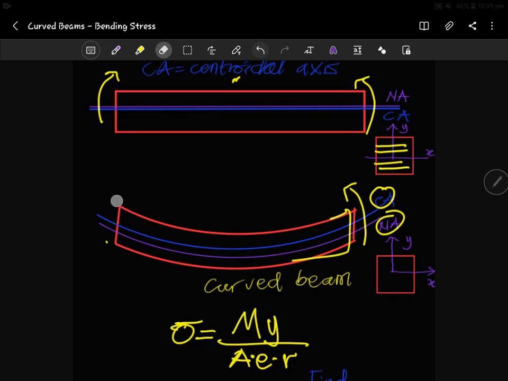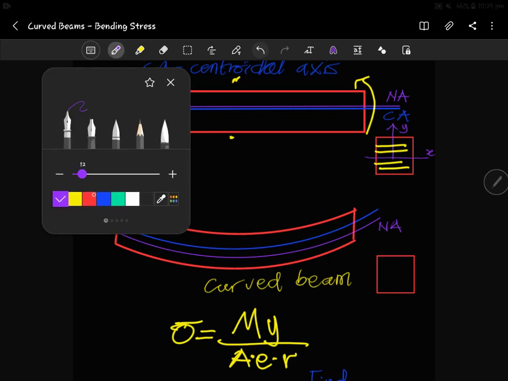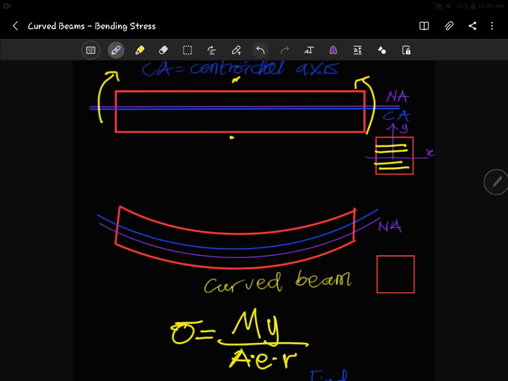of curvature, right? Radius, and some centers of curvature. So let's say we have our center of curvature here, right? Let's name these again. This is the neutral axis, and the one in blue is the centroidal axis with respect to the geometry or the shape of the beam, right?